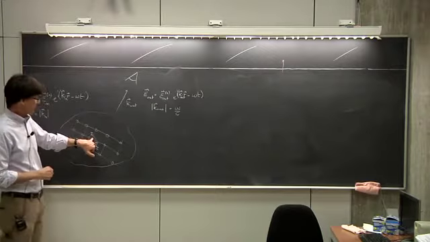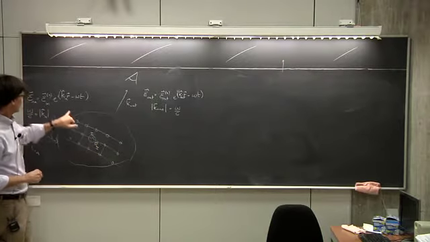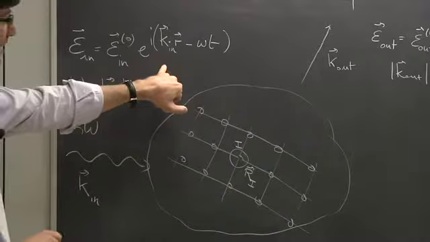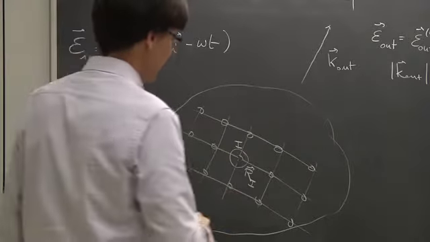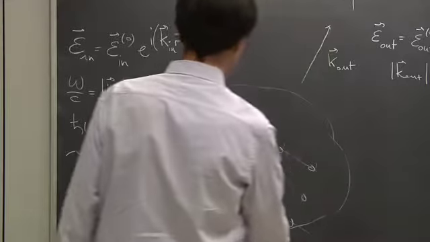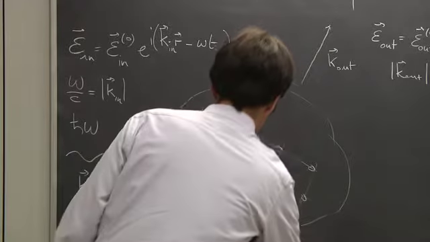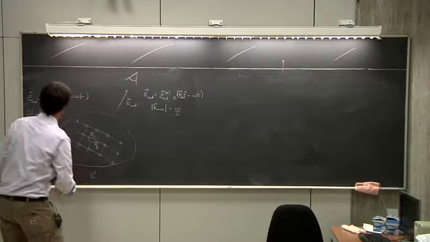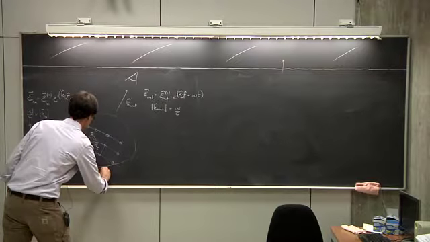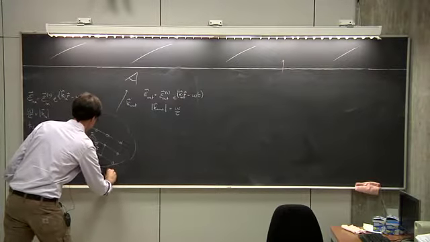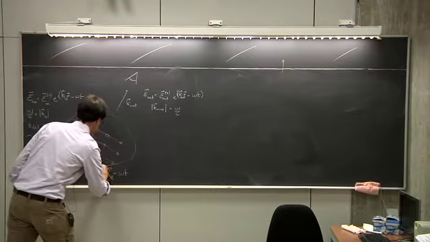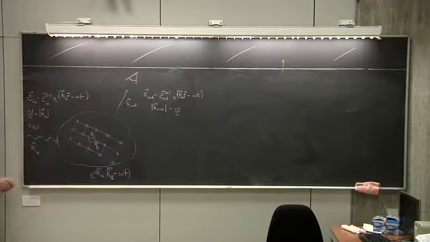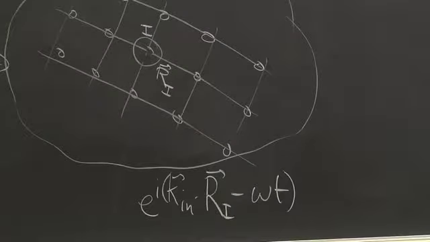So in this particular position, the value of the incoming electric field will be given by, I'll write it here, e to the i k in dot Ri minus omega t, obviously. Of course, forgetting about the polarization, which is fixed.